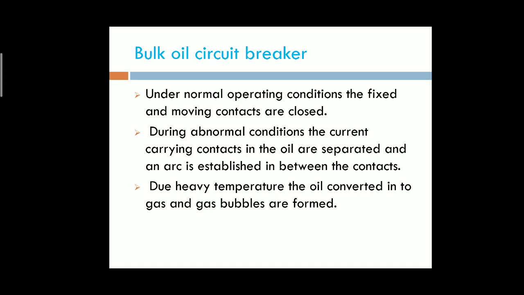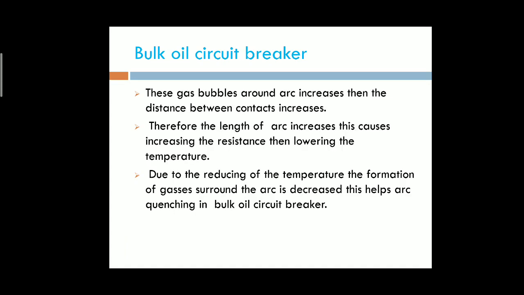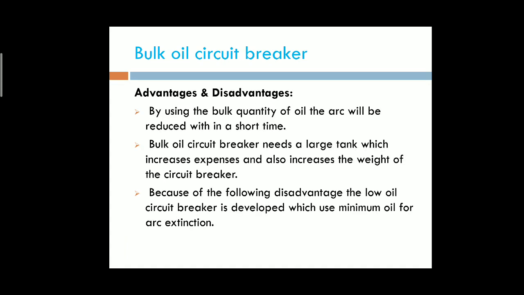When the arc is struck in the gas bubble, due to the property of this gas bubble, automatically that arc will be reduced. Next, what are the advantages and disadvantages of bulk oil circuit breakers?